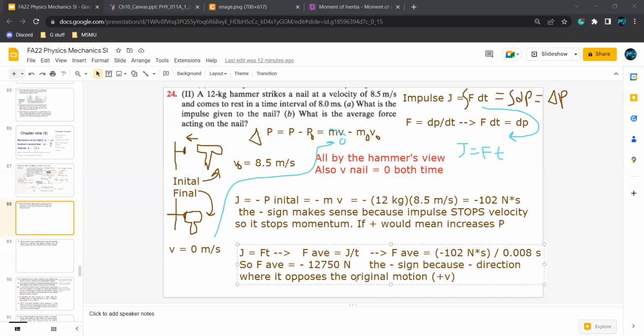Right, and then again, it's going to be negative because it's opposing the original direction of motion, where you had a positive v here, right? So then that means anything coming this way is going to be negative.